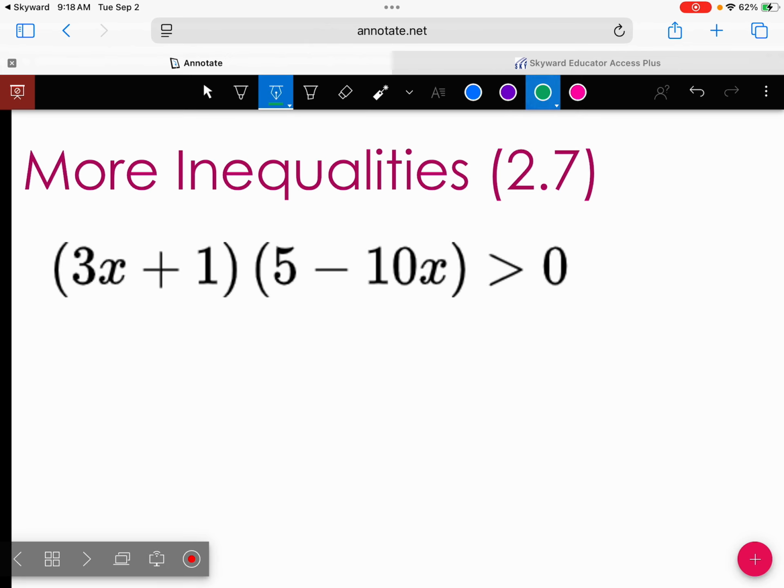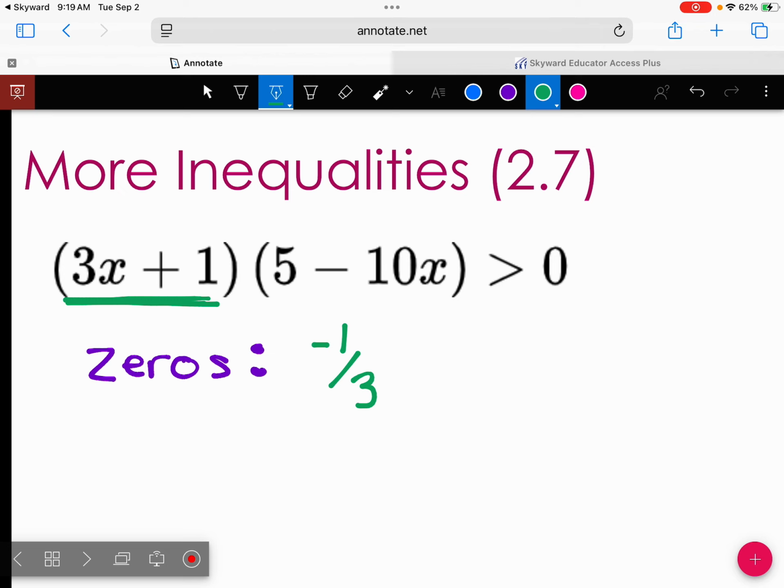So the first thing I need are my zeros. Where do we have zeros or roots? So from this factor, 3x plus 1, we're going to have one at negative 1/3. Because if I set my 3x plus 1 equal to 0, 3x equals negative 1.